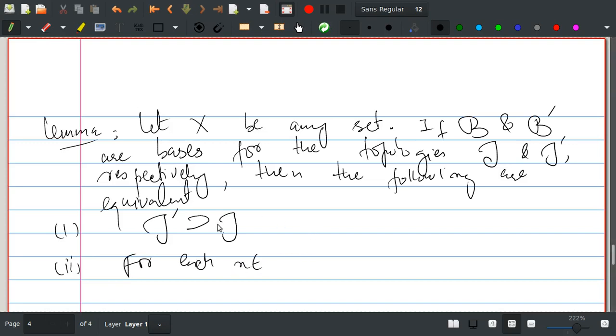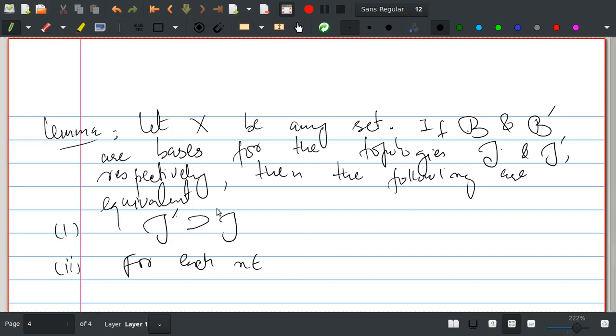So what we are looking for: we are given a set X and two topologies T and T prime, for which we have the bases B and B prime. Now we have to check which of these topologies is finer in terms of their bases. So this is the criterion for that.